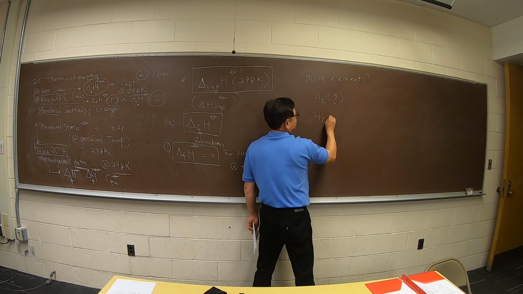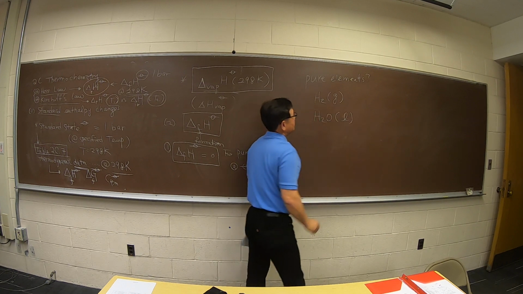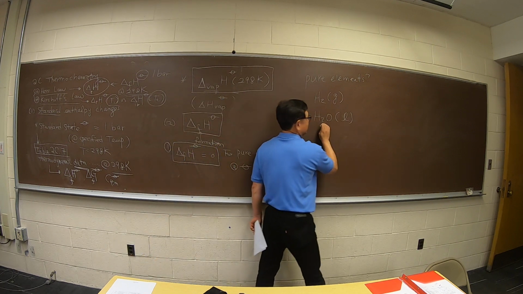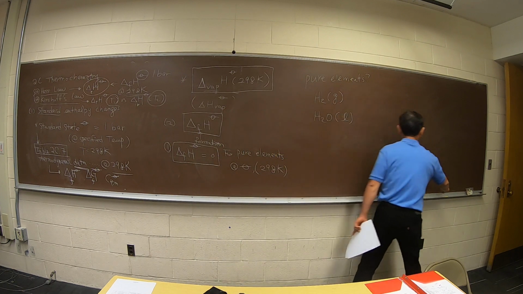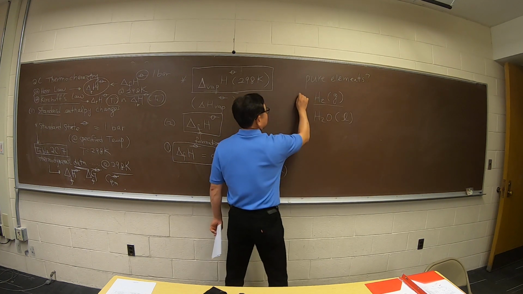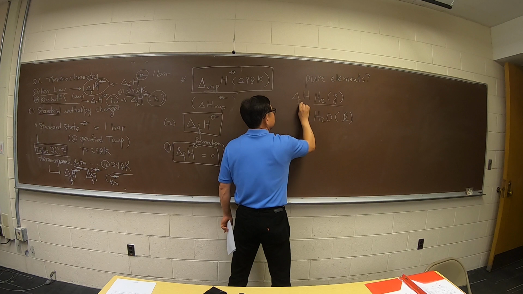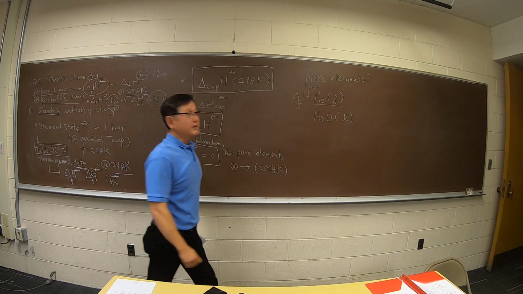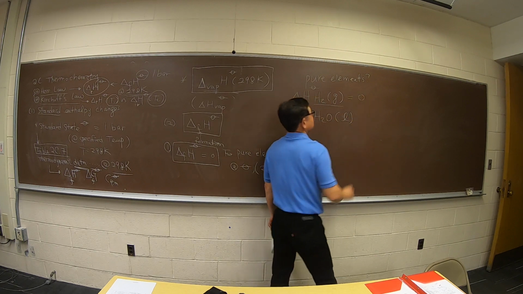What about H2O? It can be, I think, a liquid at typical ambient conditions, but it is not pure, right? So if I bring in this notation, I want to know the delta H of formation in the standard state for this pure element in the gas state, and it is 0.